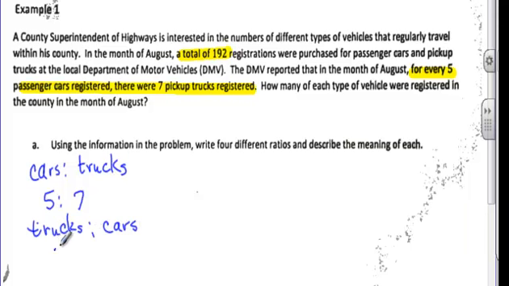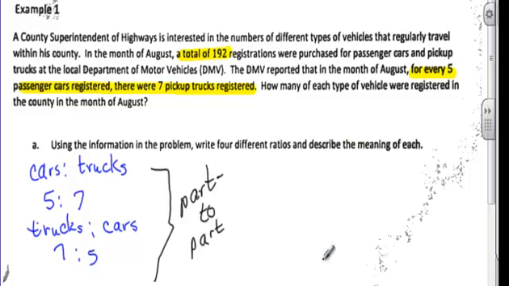And we had 7 trucks to 5 cars. It wants us to describe the meaning of each of these. We're taking the car part, comparing it to the truck part of the registered vehicles. We call these part-to-part ratios. Part to part, that is the meaning of those ratios.